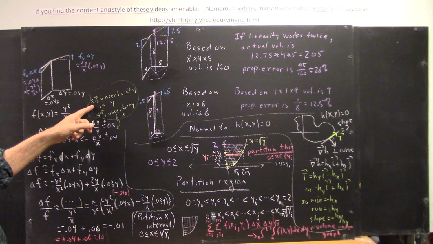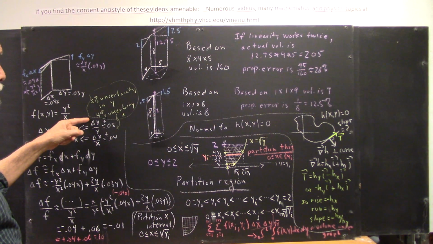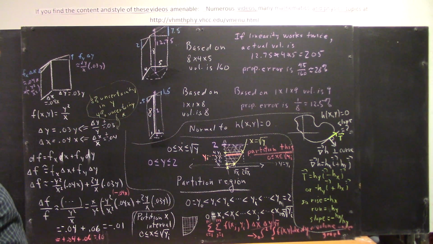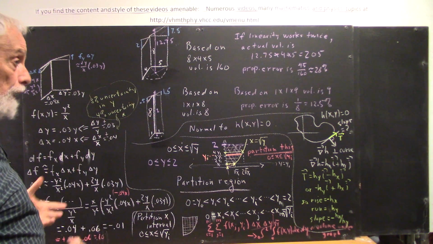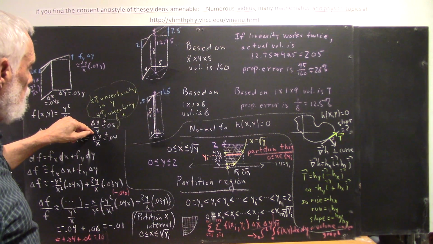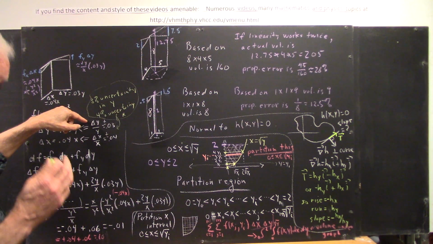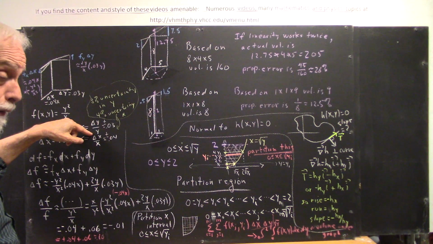A 3% uncertainty in y means that if delta y is the uncertainty in y, then delta y over y has to equal plus or minus 0.03. That means delta y, your uncertainty in y, is plus or minus 3% of the value of y.